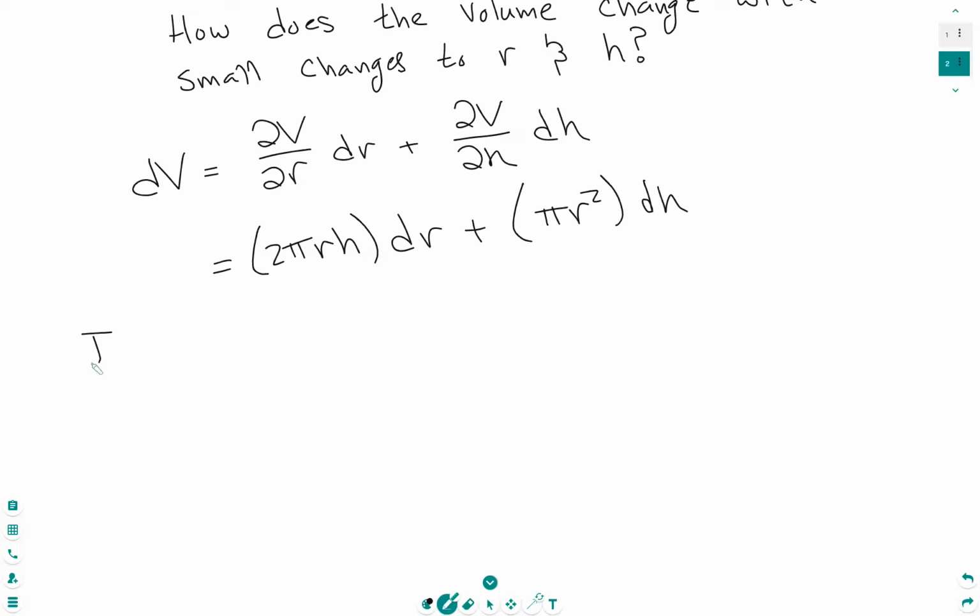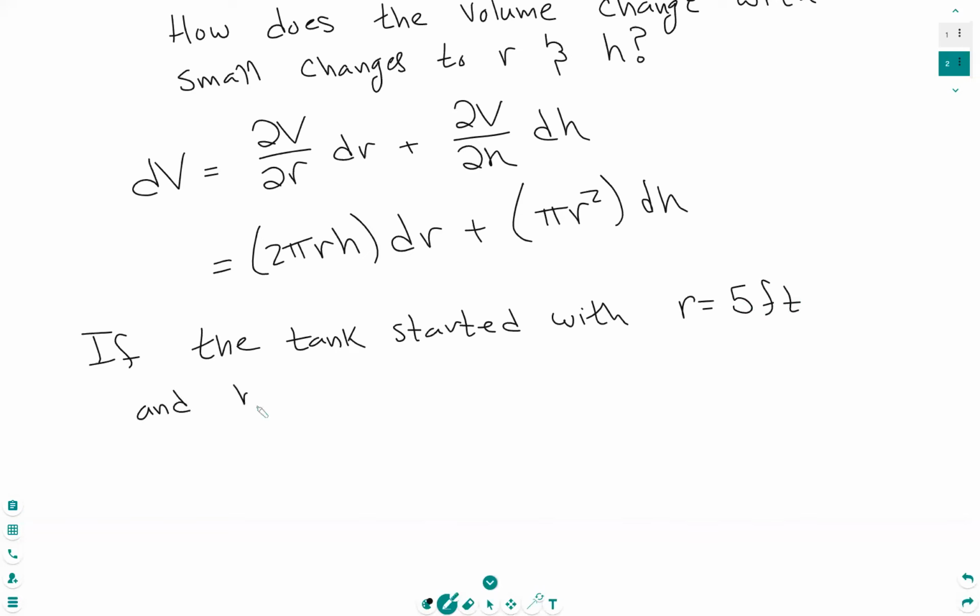So imagine the tank started with R being 5 feet and H is 25 feet.